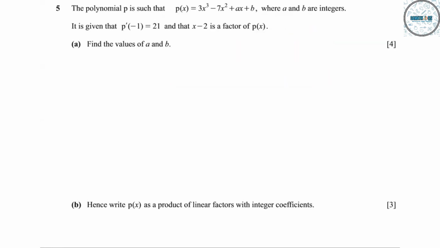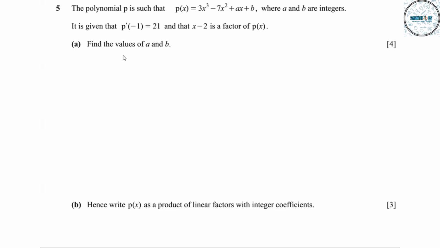Question number 5. The polynomial p is such that p of x is equal to 3x cubed minus 7x squared plus ax plus b, where a and b are integers. It is given that p prime of minus 1 is equal to 21, and that x minus 2 is a factor of p of x. Find the values of a and b. Whenever we have to find the values of two variables, we have to form two equations.